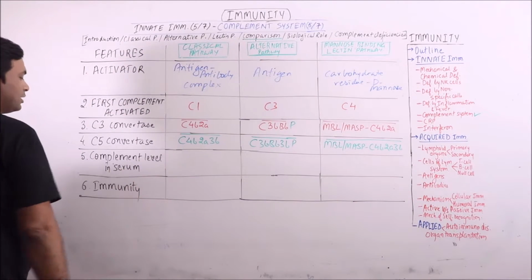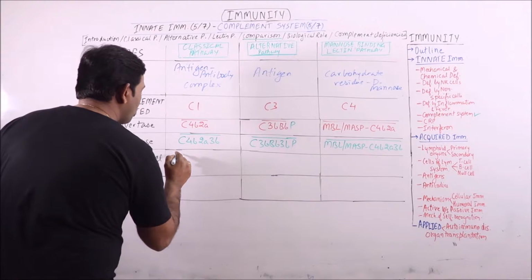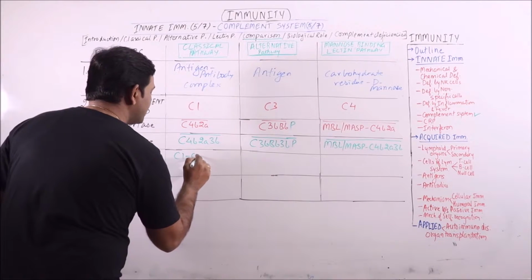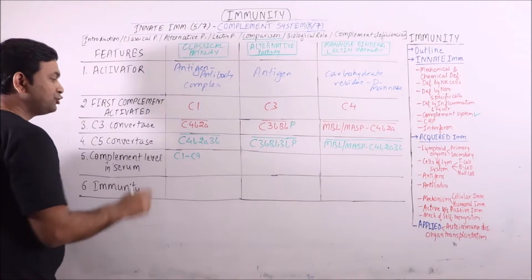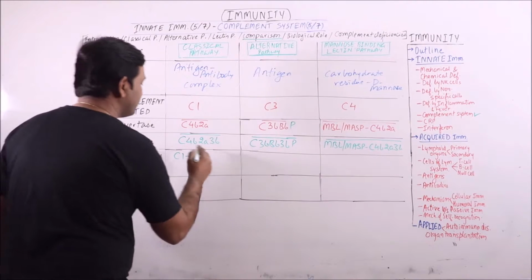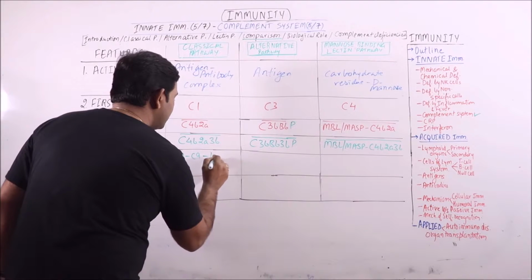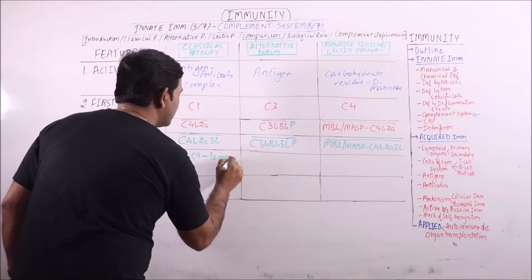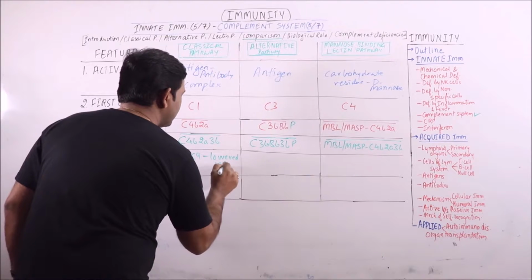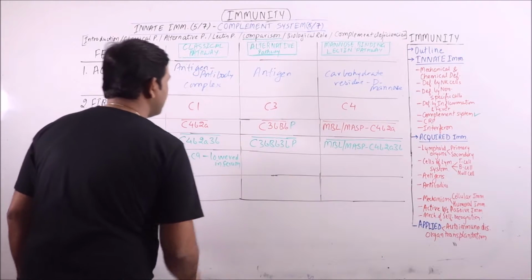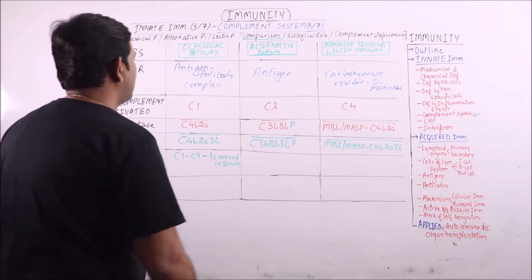Now complement level in serum: because all complements from C1 to C9 are being consumed in the classical pathway, it means that their levels will be lowered in serum.